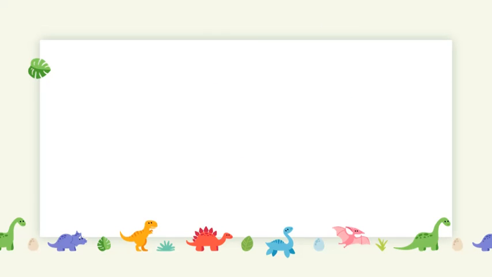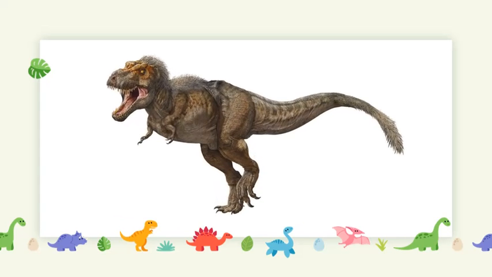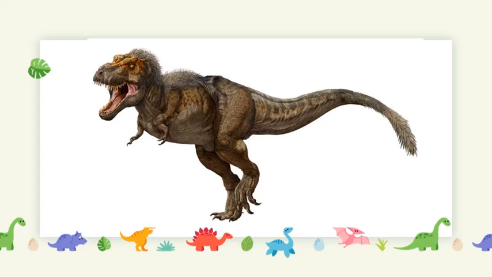And the final dinosaur is supposed to be the king. Which dinosaur am I talking about? Yes, it's the T Rex or the Tyrannosaurus Rex, which has a huge body and short little arms. So, what was the action used for the T Rex? Roar and roar.